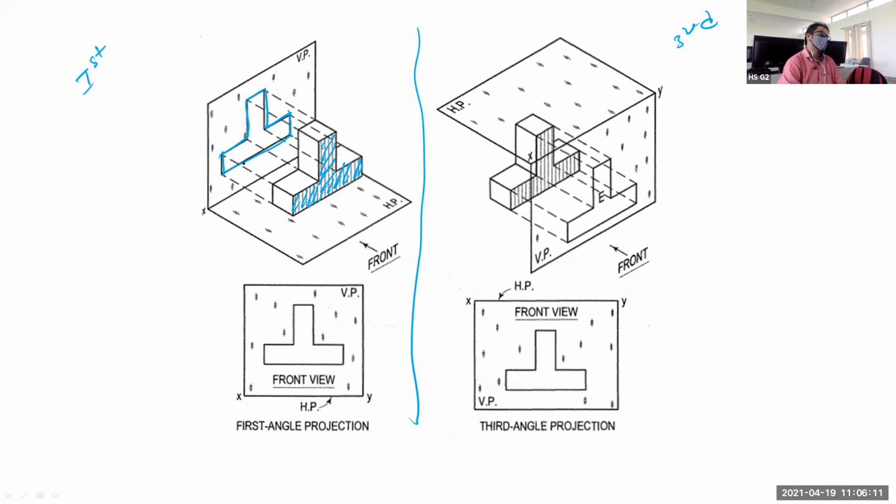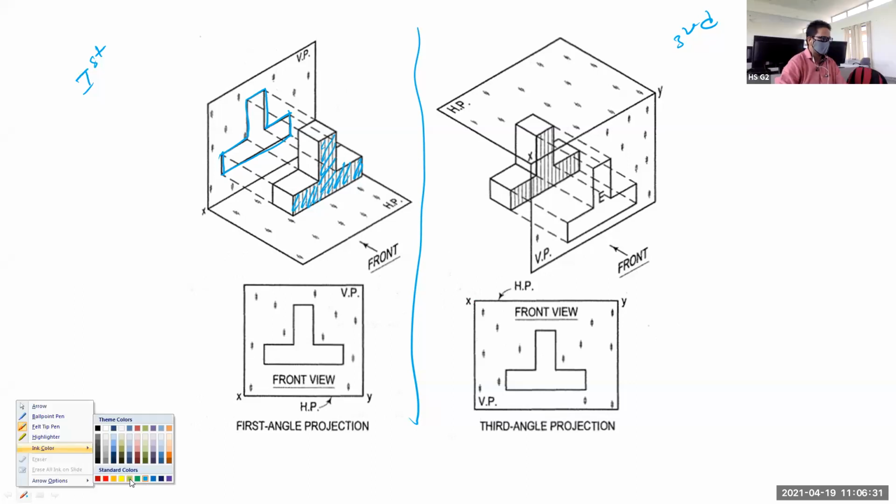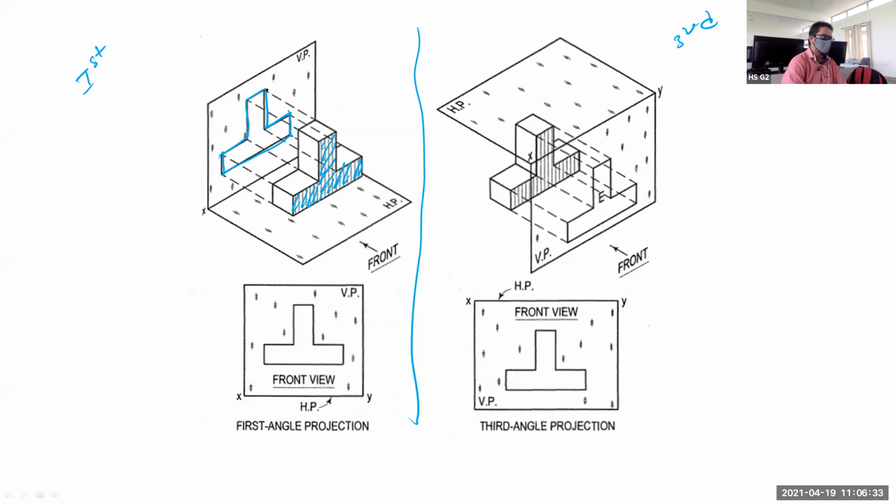Okay. One thing I want to tell you: you can see that these dash lines are used here. Actually, they should not use these dash lines. Rather, they should use some light lines for your line of projection. So for projection lines, I will use light green color.